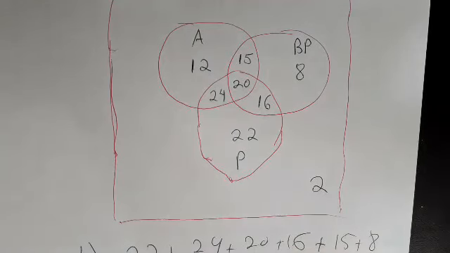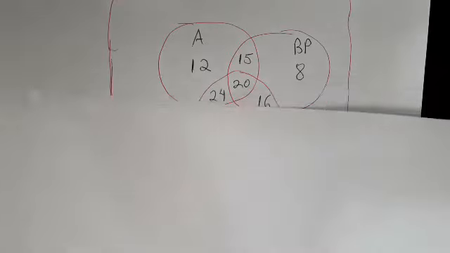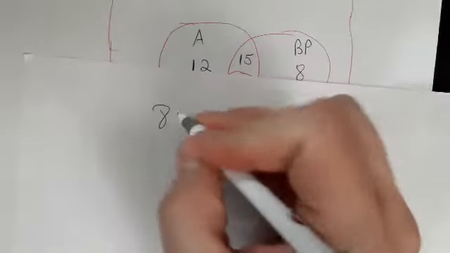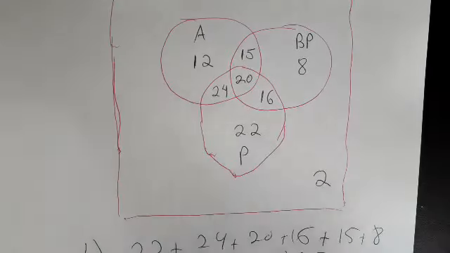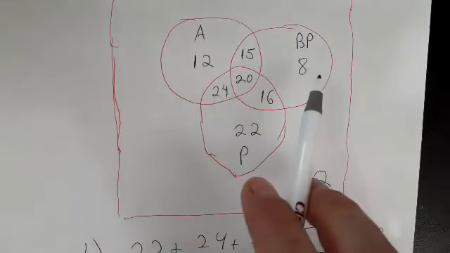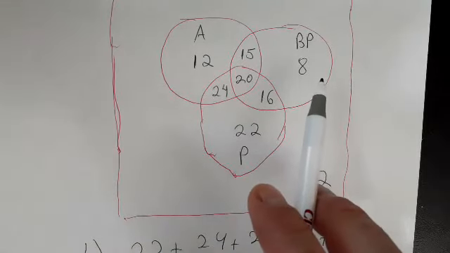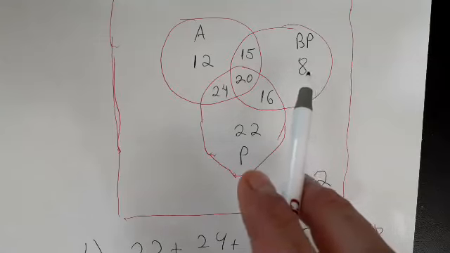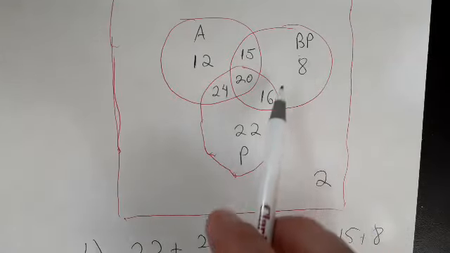So 8, 16, 20, 15. 46. So it's blood pressure, not 15. 8 plus 16? Correct. So it should be this 8 and the 16.